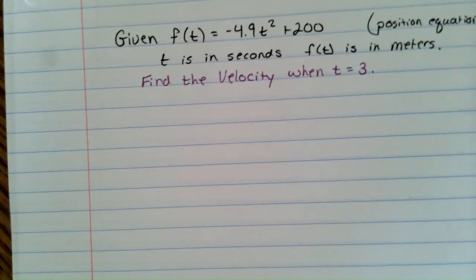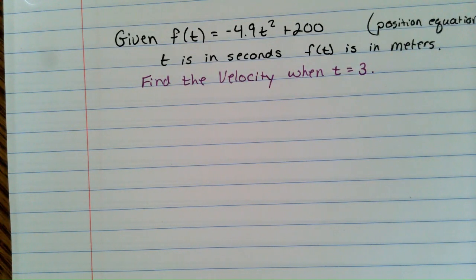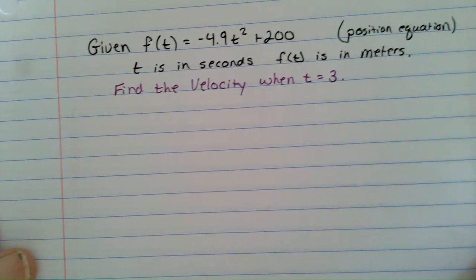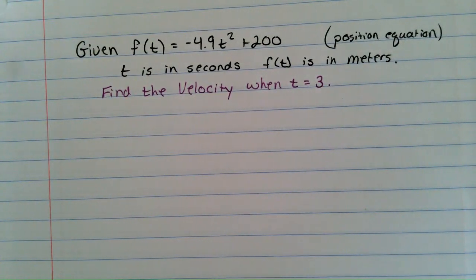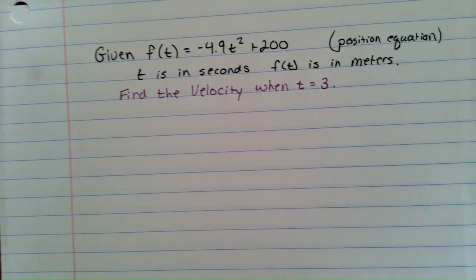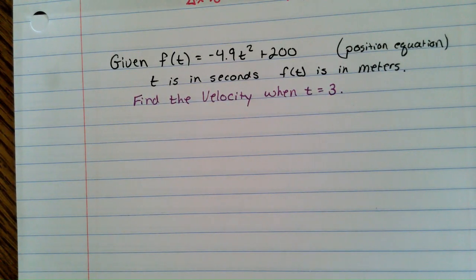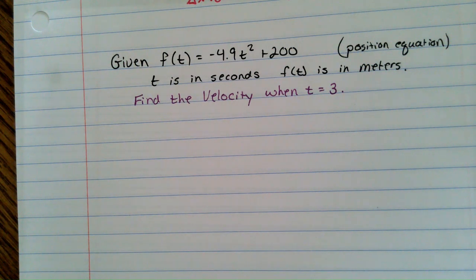Okay, so basically we have something falling from 200 meters in the air. It's on Earth because of the negative 4.9. The velocity is going to be the instantaneous velocity, right? Which is going to be a derivative. Now, let's go ahead and calculate that, right?